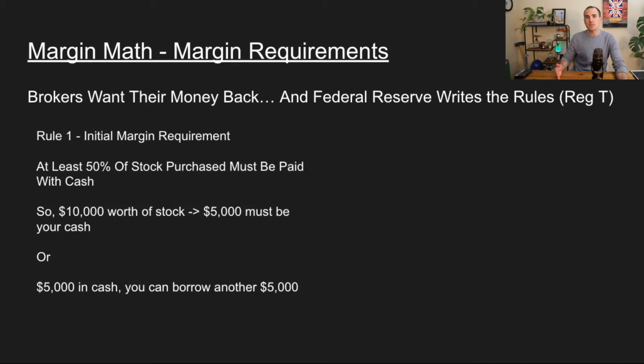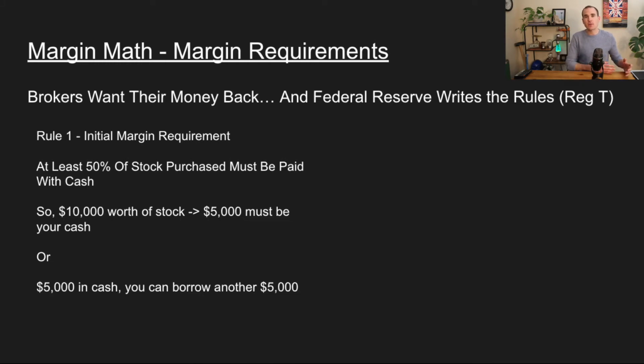So the first rule is called the initial margin requirement, and it's whenever you want to buy something on margin. So the rule is that if you want to buy something, at least 50% of the value of what you want to buy has to be paid for in cash.